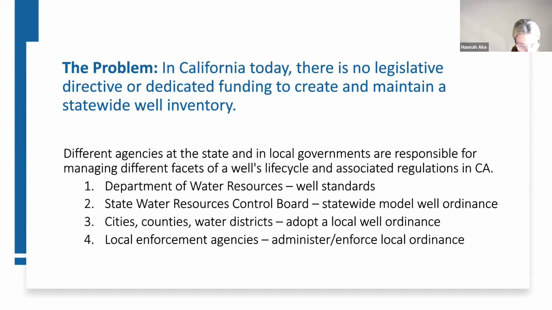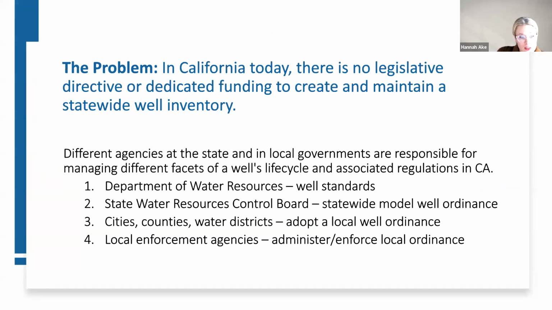The major problem right now, this is the ranting part, is that a major obstacle to tracking critical well information from a local level to a state level is that currently in California, there is no legislative directive or dedicated funding for a statewide well inventory or identification program.